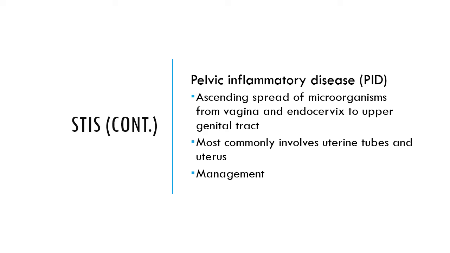These patients may experience pain, fever, chills. They could have some increased vaginal discharge. Sometimes it is hard to diagnose because we do have such a large variety of vague symptoms, but we can specifically assess their temperature.